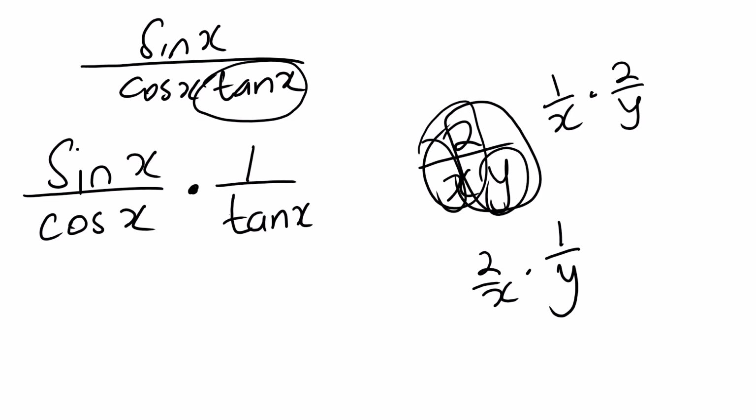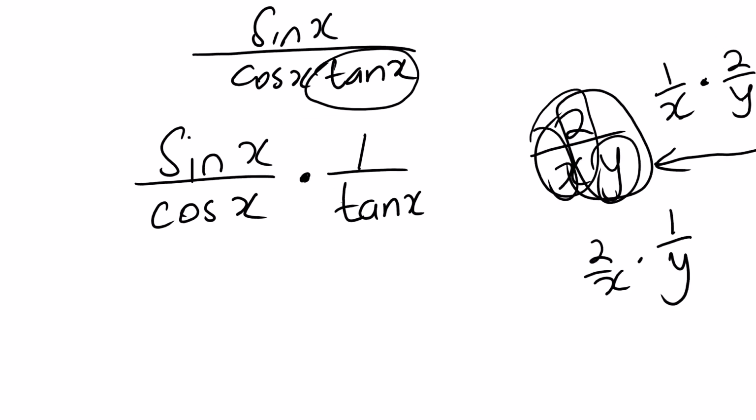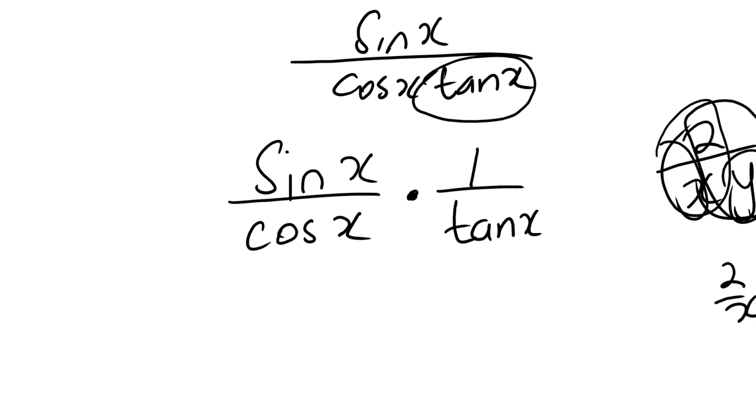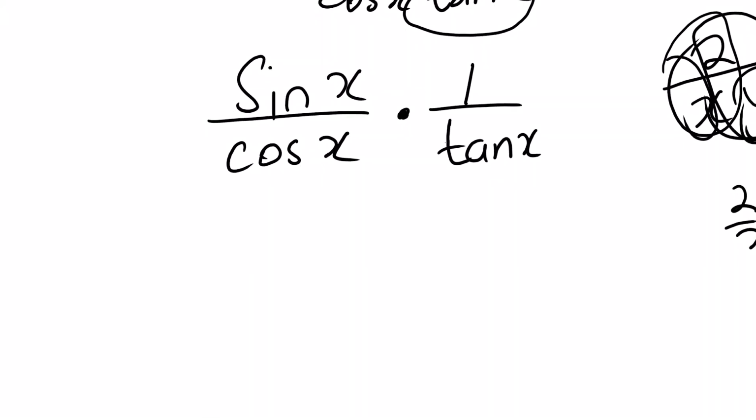When you are separating this, actually you are not separating, you are just writing it in another form, because 1 multiplied by 2 it's 2, x multiplied by y it's xy. It must bring you back here. So from here we know that sine over cos it's tan x multiplied by 1 over tan x.